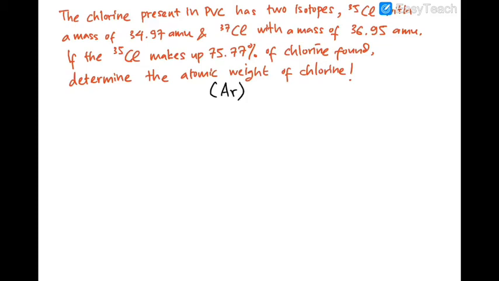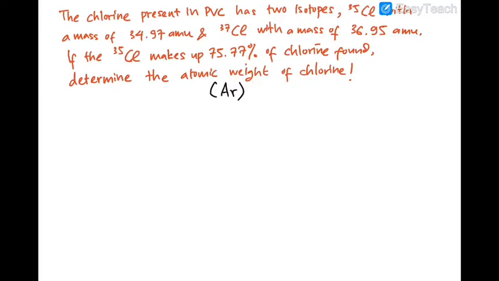The chlorine present in PVC, so this is a polymer, has two isotopes, 35Cl with a mass of 34.97 AMU and 37Cl with a mass of 36.95 AMU. If the former makes up 75.77% of the chlorine found in PVC, we are asked to determine the atomic weight of the chlorine, or the AR.